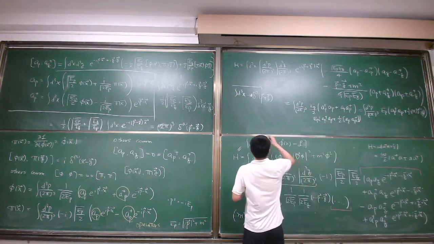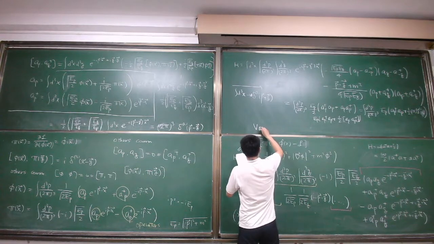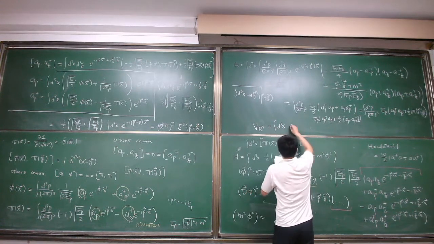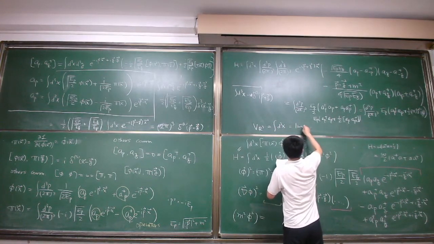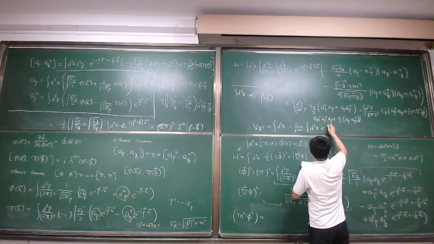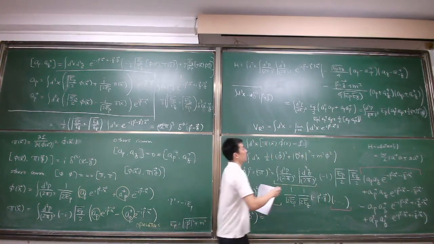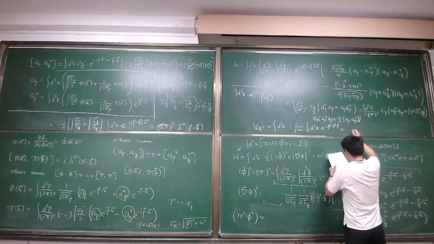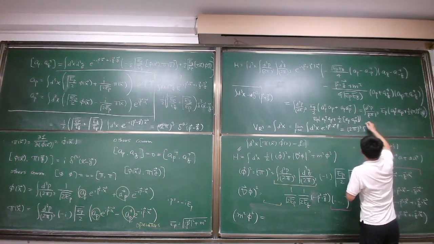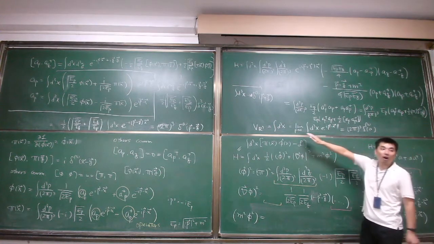So for instance, the volume of R3 can be understood as the integral d cube x, and this can be understood as the limit p goes to 0 of the integral d cube x e to the i p x, which is 2 pi cube delta function. So this term can be understood as the volume of R3.